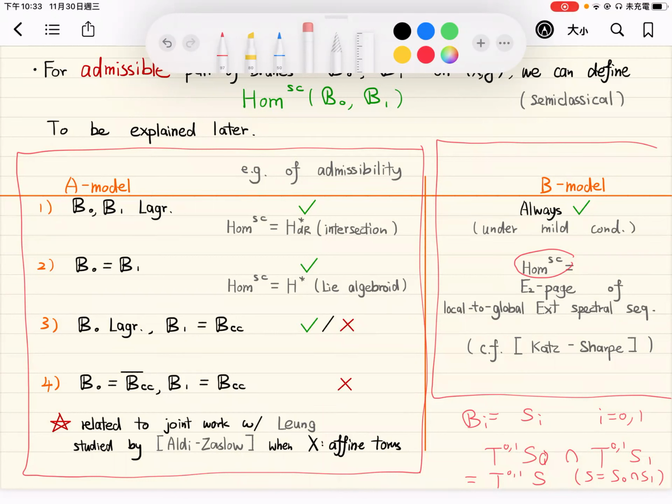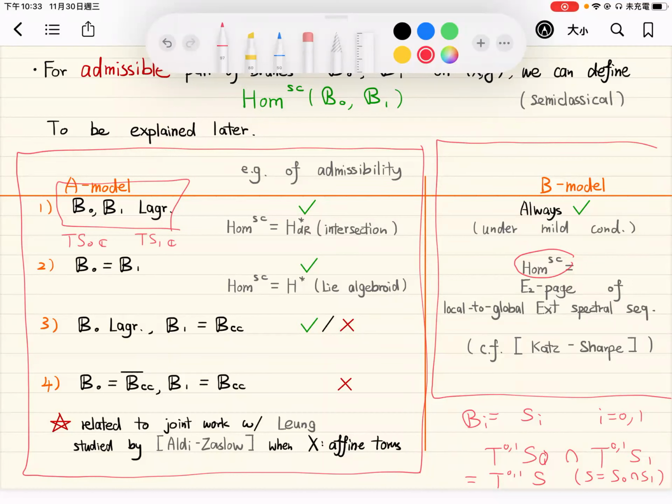So for the A model case, if we just take two Lagrangian A branes, for every Lagrangian A brane the associated complex distribution is just the whole tangent bundle, TS0 complexified and TS1 complexified.